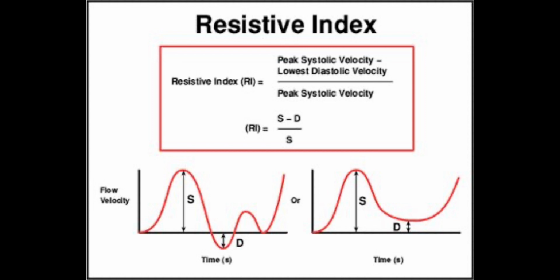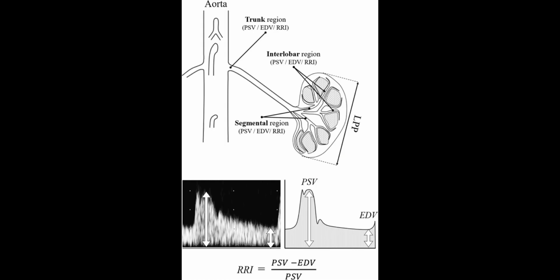In a normal situation, the flow through the renal artery occurs throughout systole and diastole. However, in a variety of conditions, for example transplant rejection, ureteric obstruction, or inflammation, there will be reduced, and possibly even reversed, flow through the renal artery during diastole.